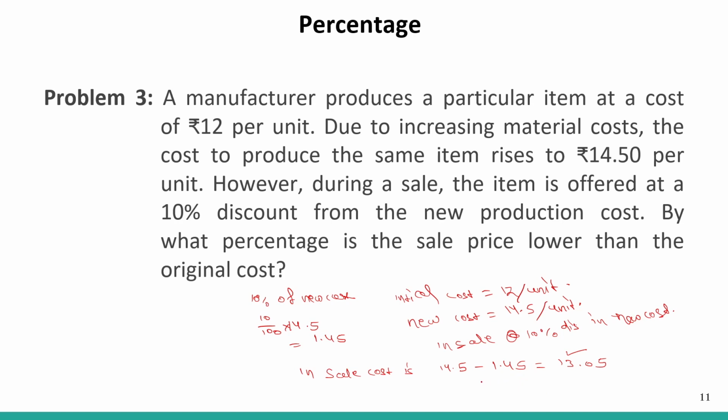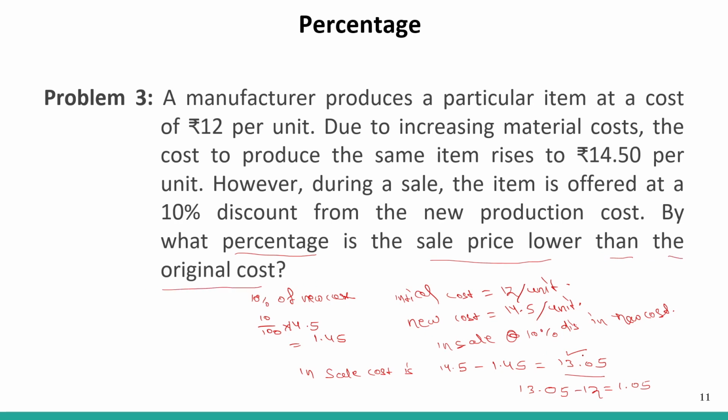Now we need to calculate the difference between the price in the sale and the original price, that is the initial cost of 12 rupees. So 13.05 minus 12 is 1.05. It asks by what percentage the sale price is lower than the original cost.